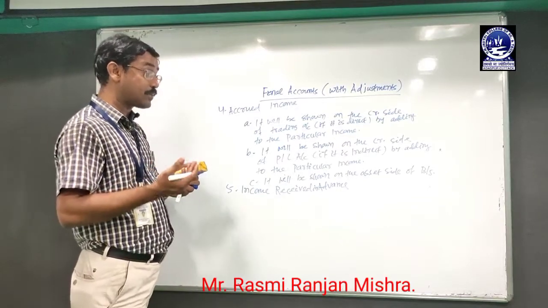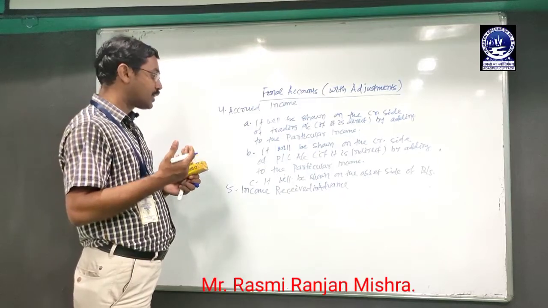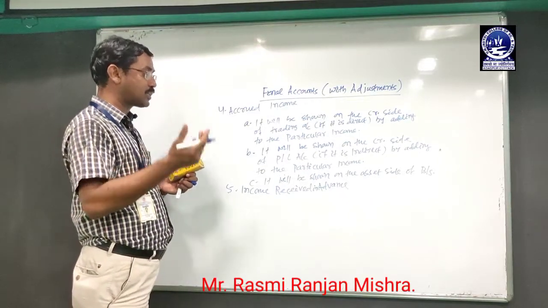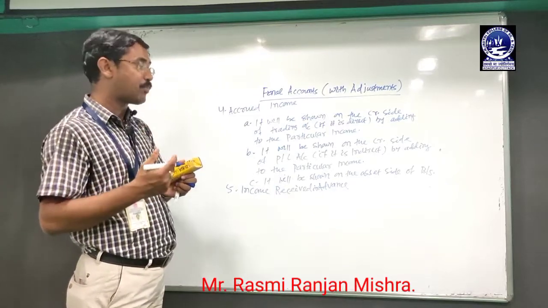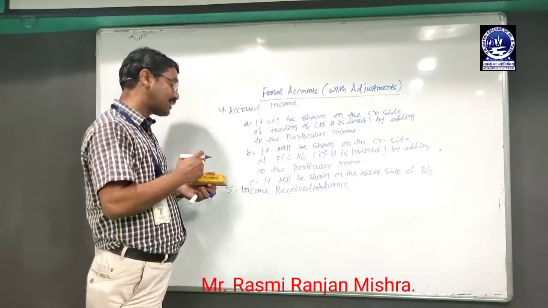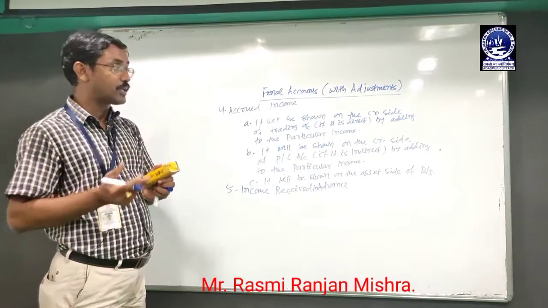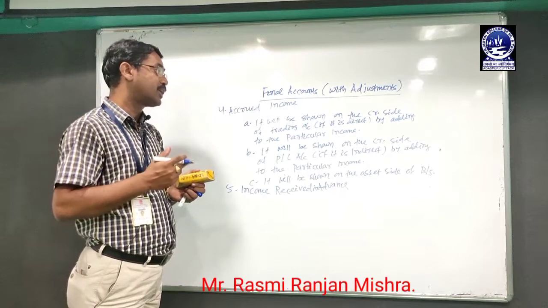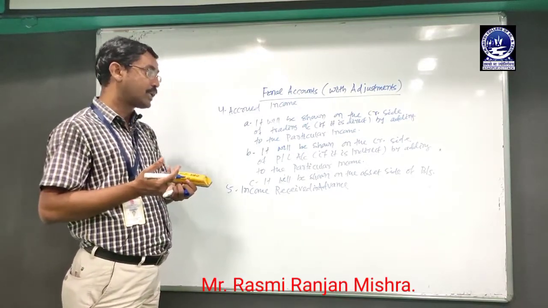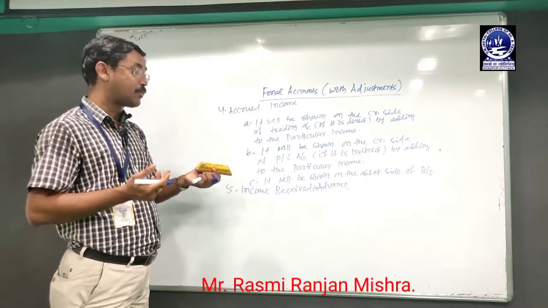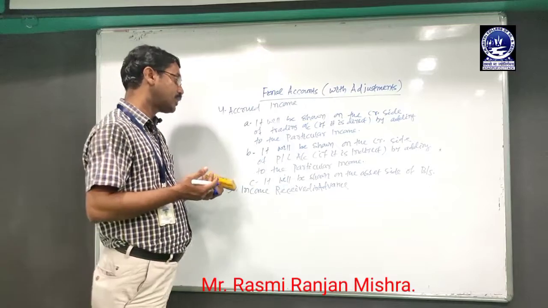As we received it in advance, the business is going to adjust that amount of income for the next period, and being received in advance, it is a liability for the business. So as it does not relate to that particular period and being an income, we must deduct it on the credit side of the trading account or profit and loss account based upon the nature of income, and as it is a liability, we must show it on the liability side of the balance sheet.